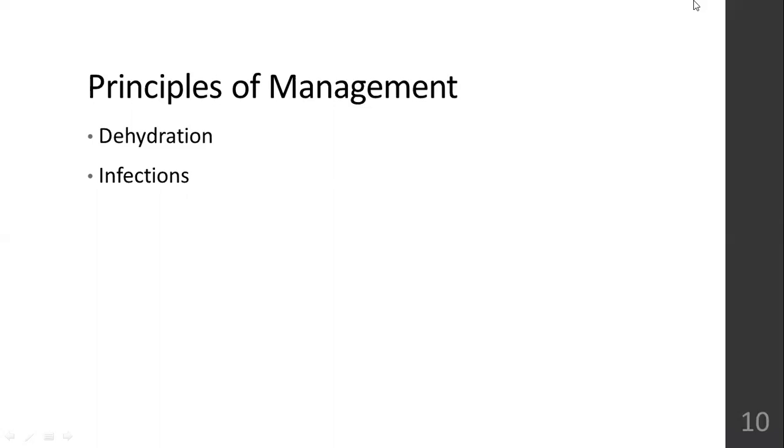So if at all the child has infection, within week 1, it has to be sorted. If it is bacterial infection, give antibiotics. If it is viral infection, give antivirals. So along with the diet, along with the ORS, IV therapy, antibiotics will also continue if there is an infection.